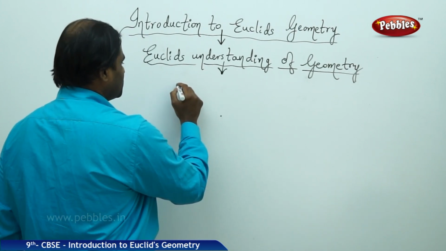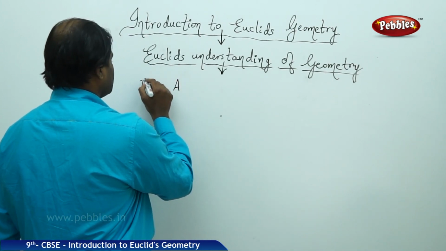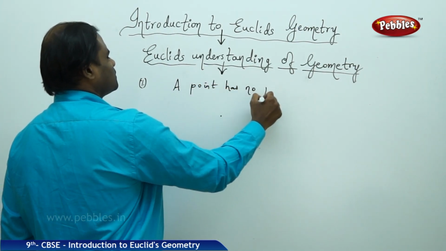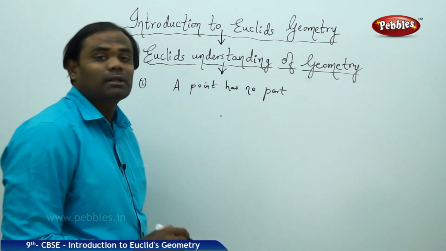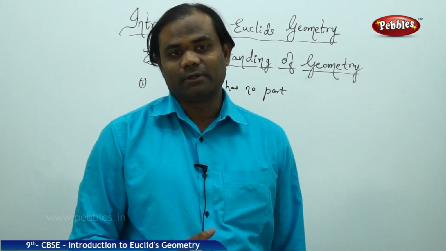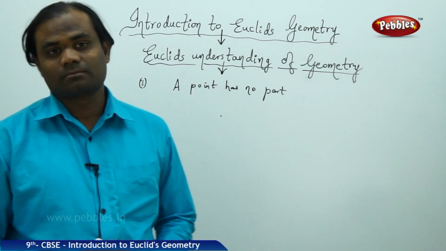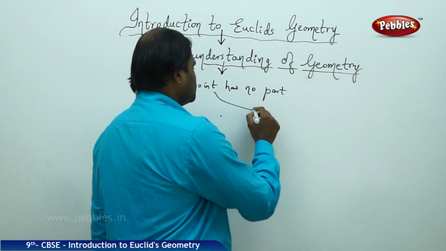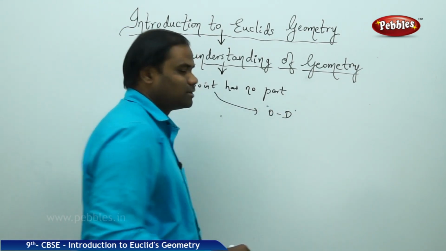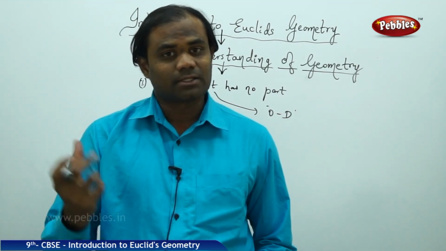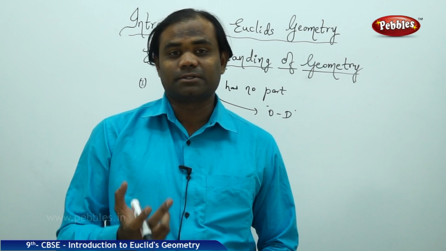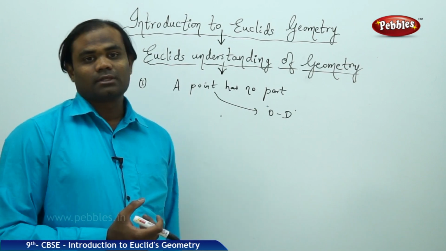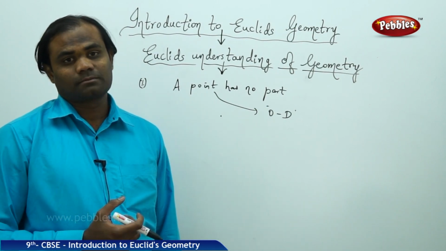So my first property says a point has no part. It is itself a dot, represented by a dot. It doesn't have any dimension, and therefore a point has a 0 dimension. And this is the reason why we say a point has 0 dimension, no dimensions at all. The first Euclid's exploration is that a point has no part.